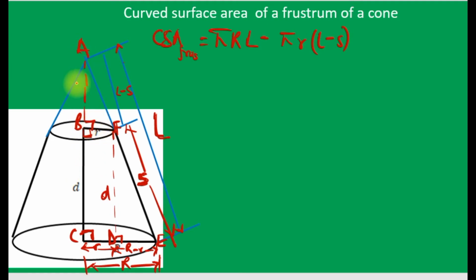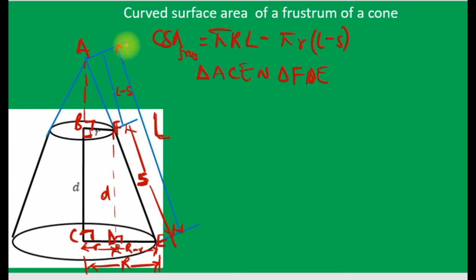I'm saying that triangle A, C, E, that's the big one, is similar to this middle one, which is triangle F, D, E.